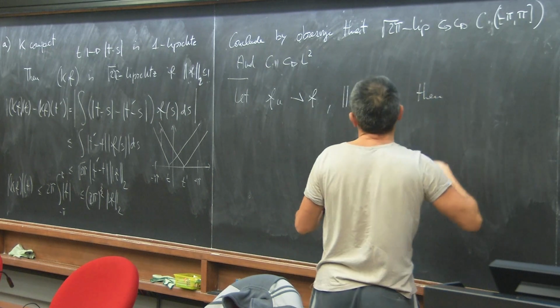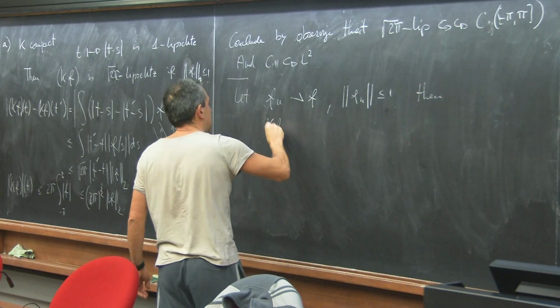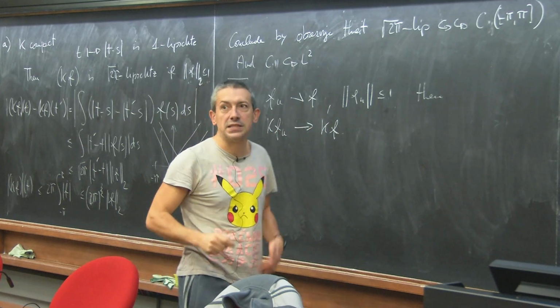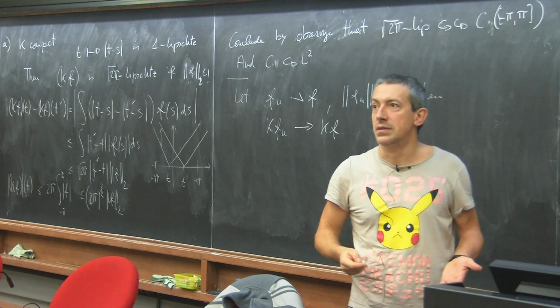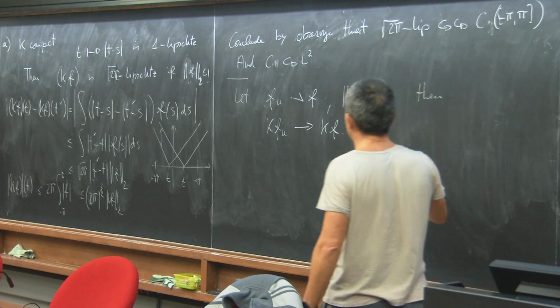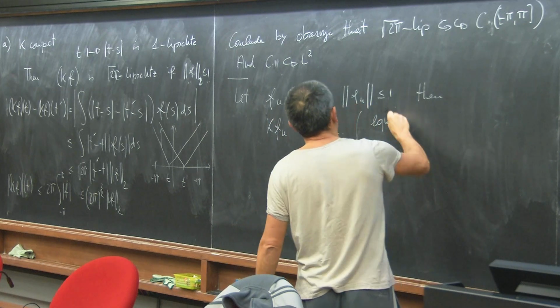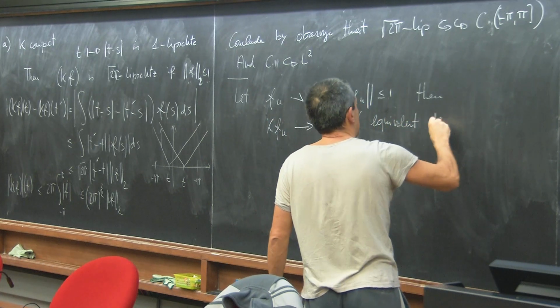Then Kfn should strongly converge to Kf, and then it means that it's compact. This is equivalent, in Hilbert, but even in reflexive, to compactness.